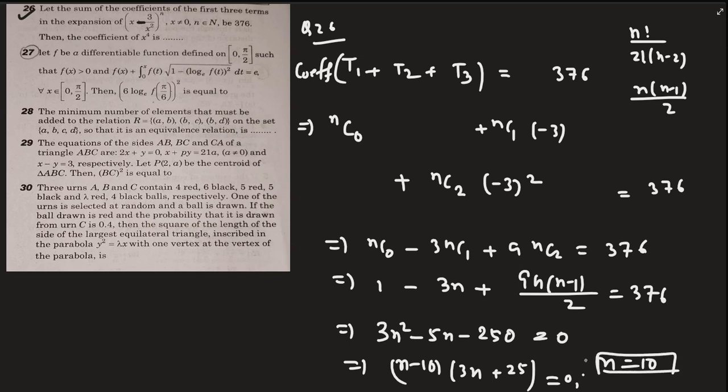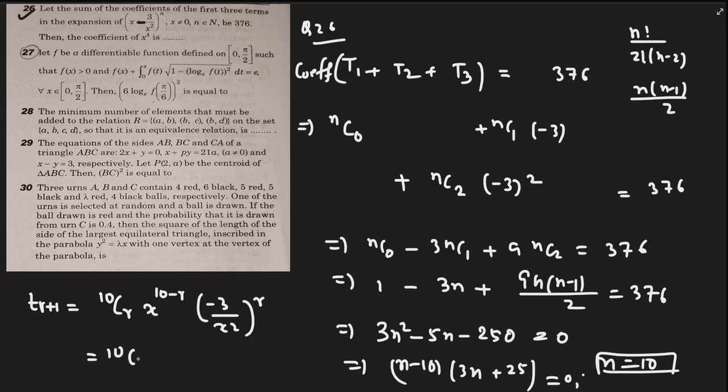So we get n equal to 10, then we have to find the coefficient of x^4. I am taking the general term T(r+1), which will be 10Cr, the first term x with power 10 minus r, the second term minus 3 by x^2 with power r.